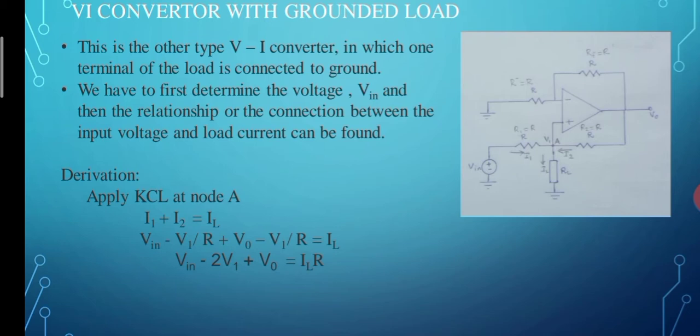At node A, we use the concept of KCL, the nodal voltage concept. I1 is entering, IL is leaving, and I2 is also entering. Then IL is equal to I1 plus I2. I1 is (VIN minus V1) divided by R, plus (V0 minus V1) divided by R, and that is the current flowing as IL.